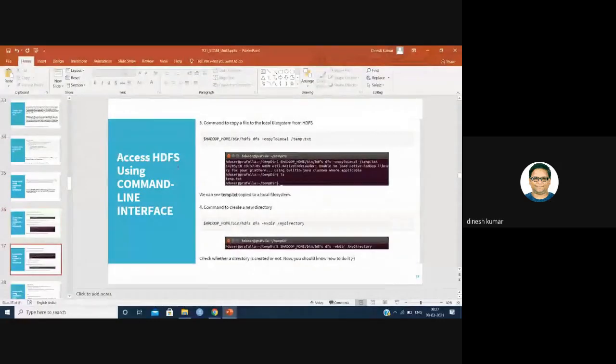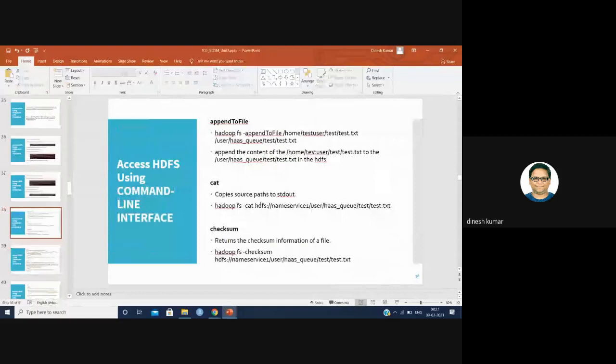And HDFS command line interface, so several commands. These commands would be better understood if we type them and see in the Hadoop system what happens, what it does.